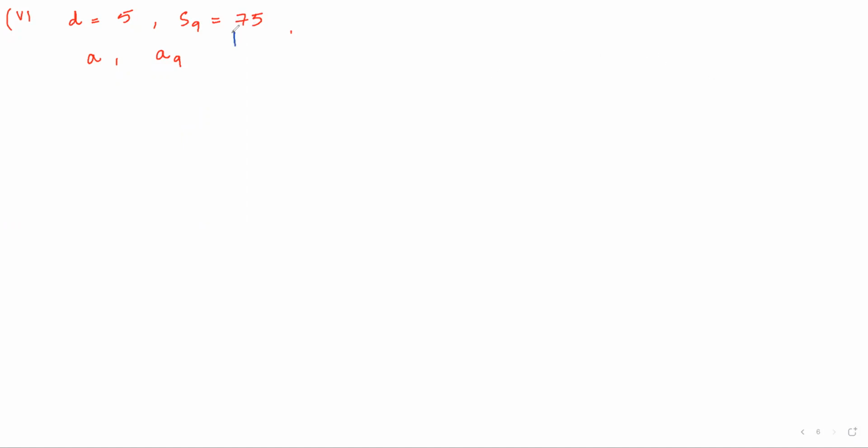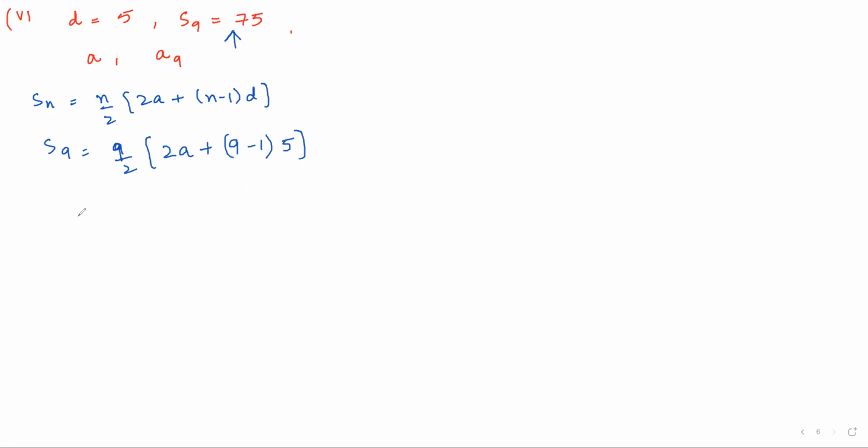So let's start with this thing which is given. So write the Sn formula, n by 2, 2a plus n minus 1 into d. So S9 is equal to 9 by 2 and 2a plus 9 minus 1 into, now d is given, that is 5.